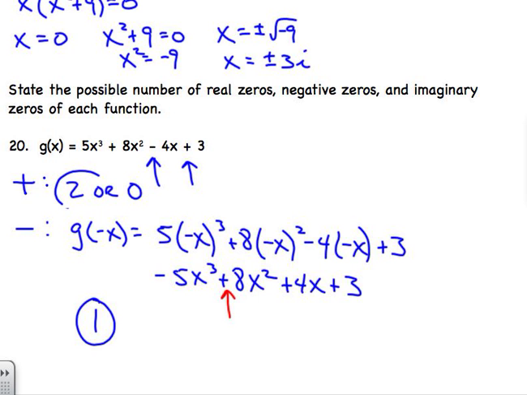So 2 or 0 positive, 1 negative. It should add up to 3 because our original power was 5x cubed. So we've got all 3 accounted for. We now have stated the possible number of negative and positive zeros.